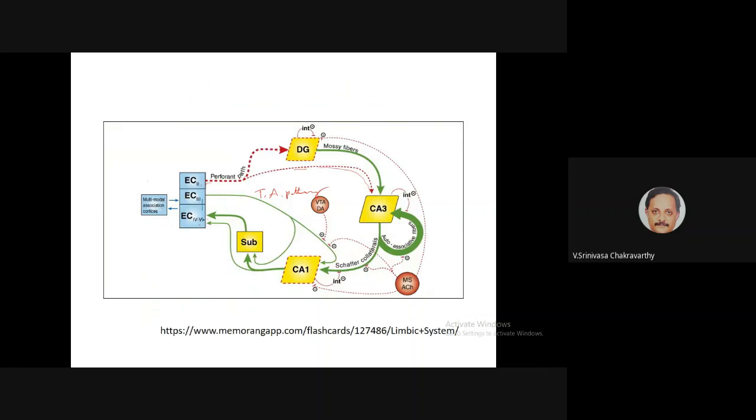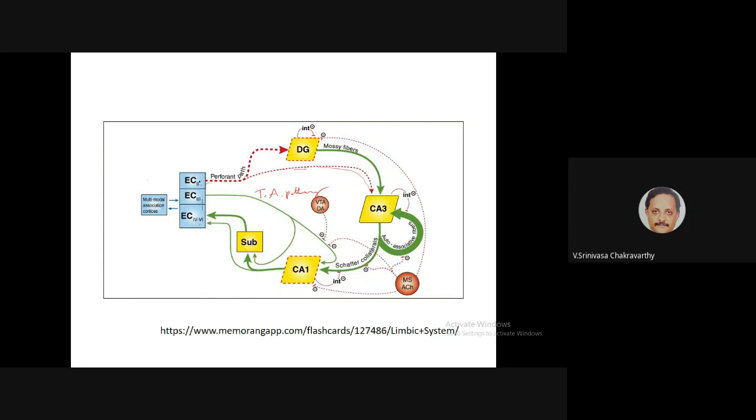Okay, so now the same thing I'm showing in a slightly more biological schematic. The entorhinal cortex has several layers because cortex has 6 layers, right, in most places. So the multimodal association areas, the higher order association areas, project to EC, and from the superficial layers of EC, that is 2 and 3.